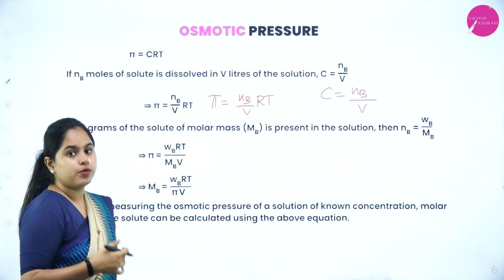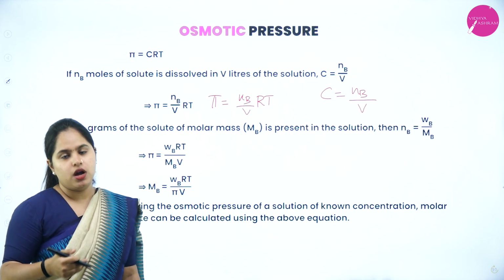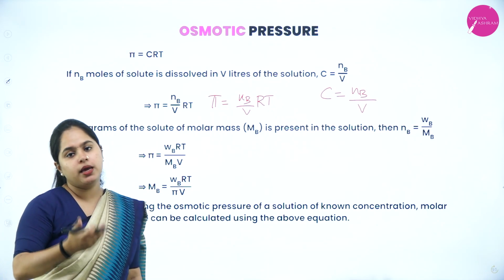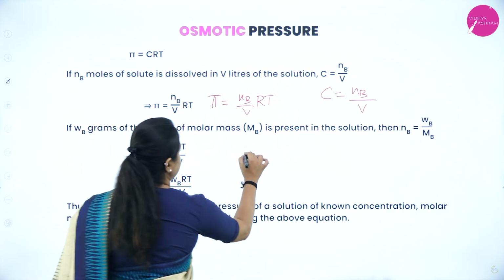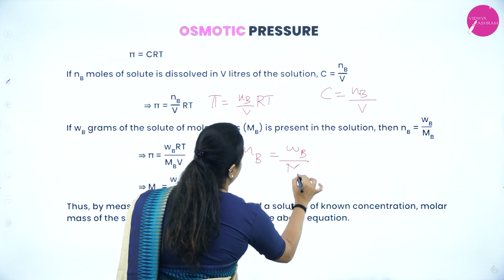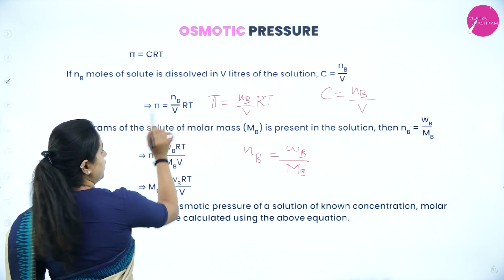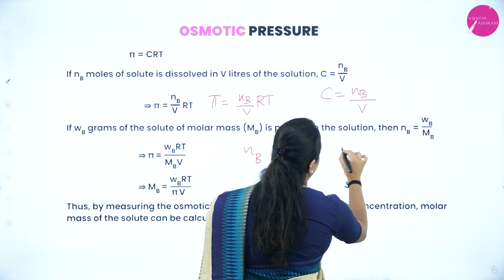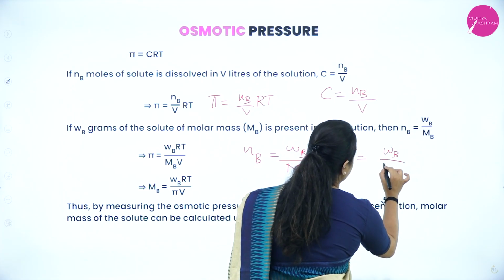So, pi equals NB by V into RT. Now, what is NB? It is the number of moles of solute. How do you calculate the number of moles of solute? It is the mass divided by the molar mass, that is, the mass of the solute by the molar mass of the solute. If I substitute this NB value here, pi will be equal to, instead of NB, WB by MB.